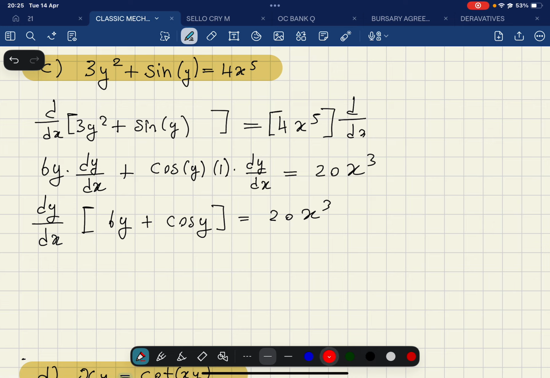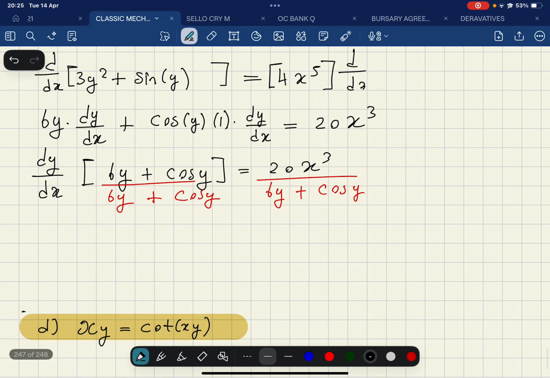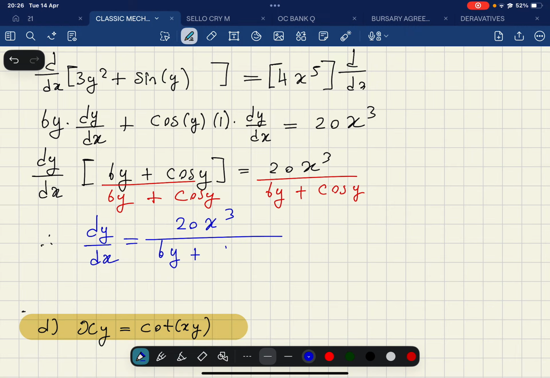Then I divide both sides by 6y plus the cos of y, which means from there my dy over dx is equal to 20x cube, all divided by 6y plus the cos of y.